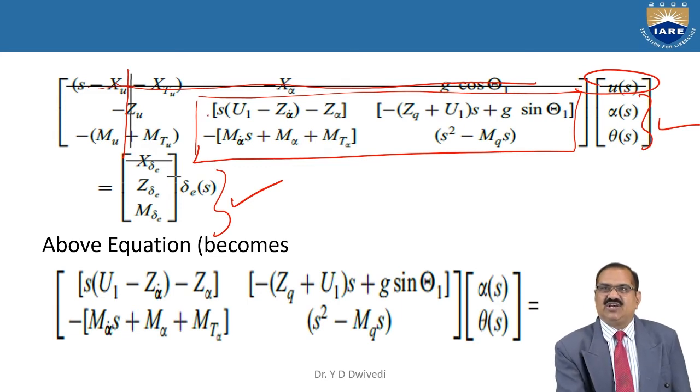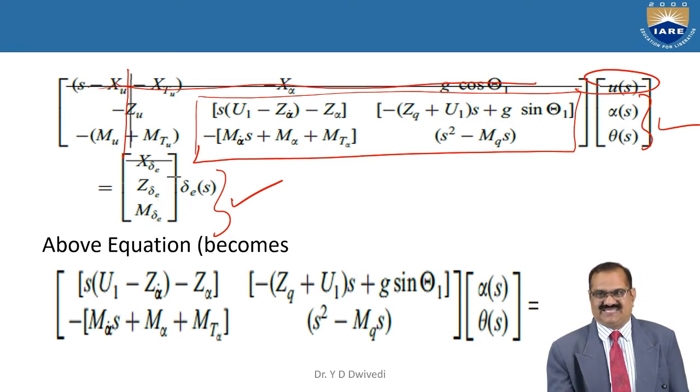You can see s U1 minus Z alpha dot s minus Z alpha, and below this minus M alpha dot s plus M alpha plus M T alpha. Here you have minus Z q plus U1 s plus g sin theta 1, and here you will have s square minus M q s. Here u s will be 0, only alpha s and theta s, and on the right you will have Z delta e, M delta e times delta e s.